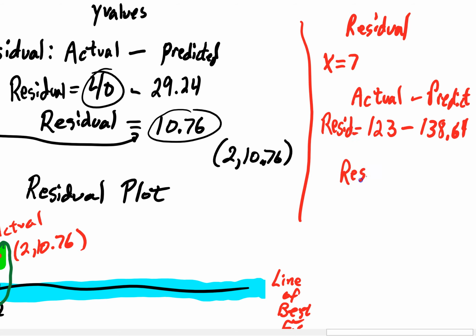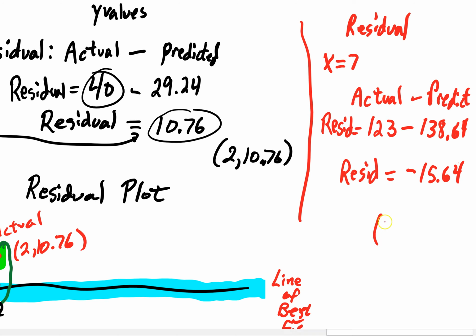Well, our residual, guys, is going to be something negative, isn't it? It's going to be negative 15.64. What are we seeing? When our residual is negative, it means that our actual value is going to be smaller than our predicted value. That's what it's really saying.